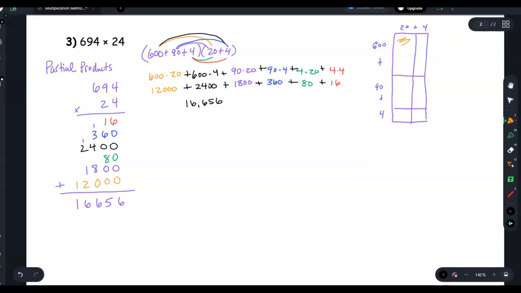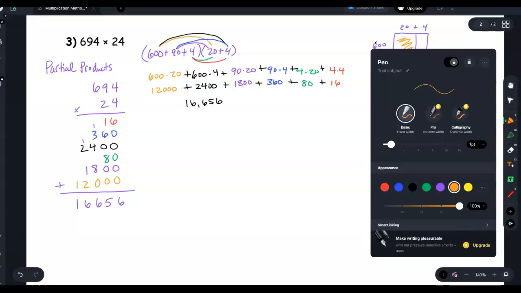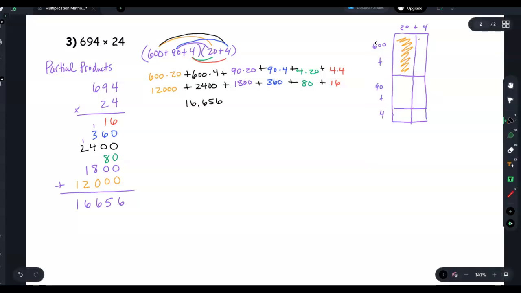So this largest rectangle, that's going to be my 600 times 20. I'm just going to stick with shading and color coding this time, although typically you would go ahead and just write those in there. I've just drawn this a little small, so rather than fit that in, I'm going to go ahead and color code. So then this one would be the 600 times 4.